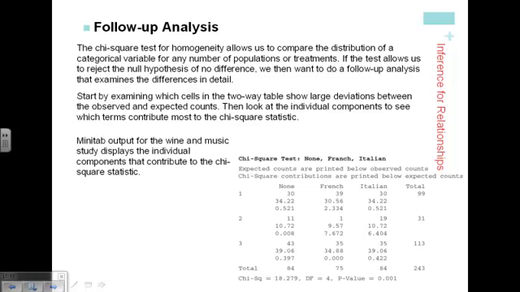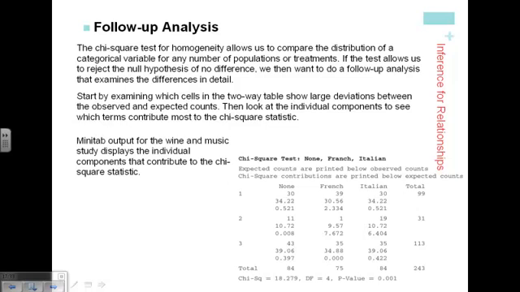In the example that we finished off yesterday, we had the Italian wines and the French wines. We had the Italian music and the French music and the no music and the other wine, and we asked, does the music playing affect the wine sales?